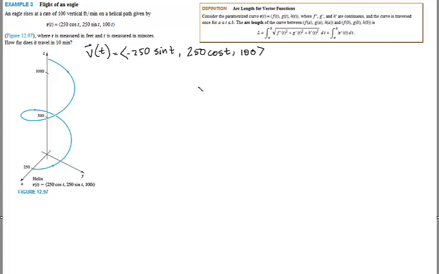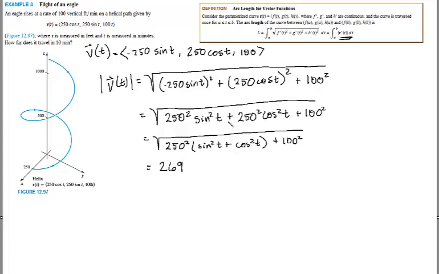If I find the magnitude of this, of course that will give me speed, and if I can find the speed, then notice I can get that length by using this integral right here. So that's what I'm going to do. Doing this computation and using my identity that sine squared t plus cosine squared t is 1, I'll get just a straight up value for the speed of 269.